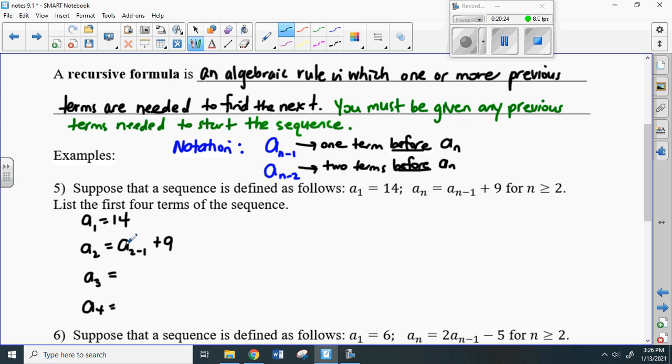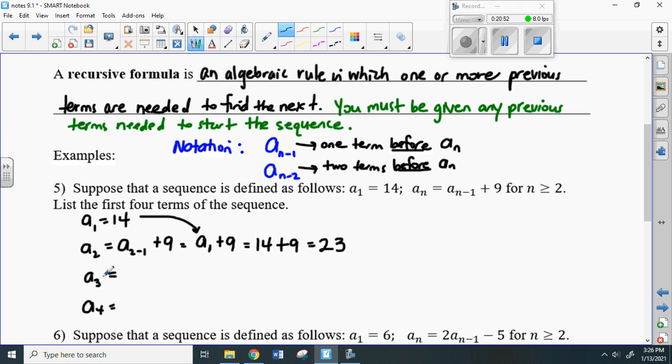So I'm copying it down. The A is still there because the n is part of the subscript. Then you can figure out what 2 minus 1 is. All right. And then you can plug A1, the actual value of A1 in, and get an answer. Okay?